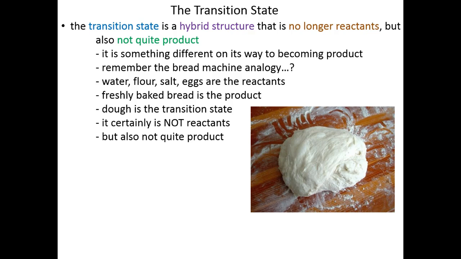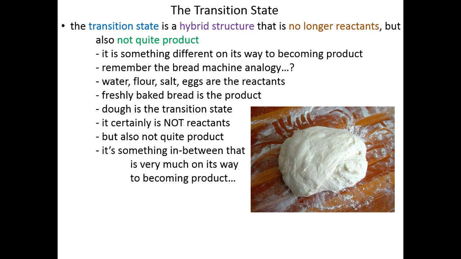But there's no way you're going to tell me that this lump of dough is fresh baked bread. It's an in-between state. From one to the other, it's a hybrid physical state that isn't quite product, certainly is not any more reactant, but is on its way to being what it seems to become. That's what our transition state is.